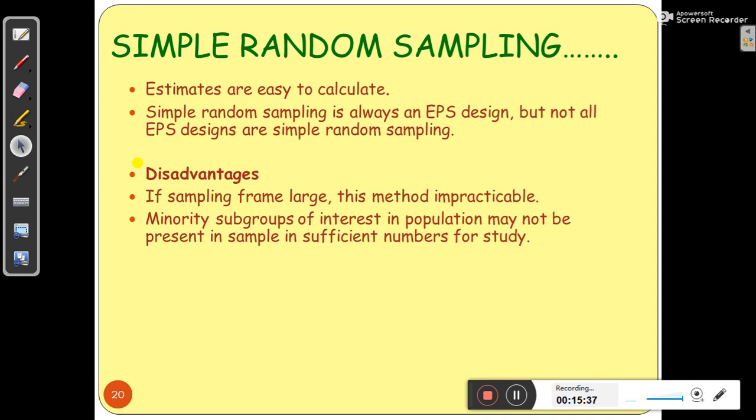Minority means some subgroups which should have been in the sample while we study may not be included if we go with simple random sampling, because it goes with simple random, and that is why in that random scenario those minority subgroups of interest in the population may not be present in the sample in sufficient numbers.